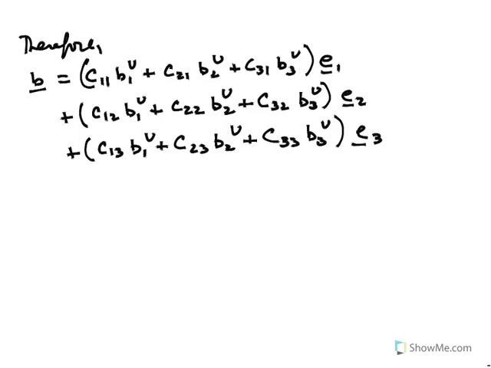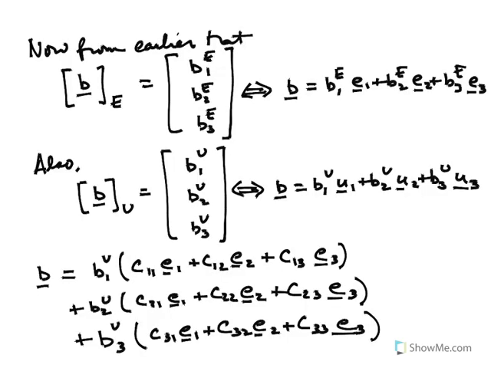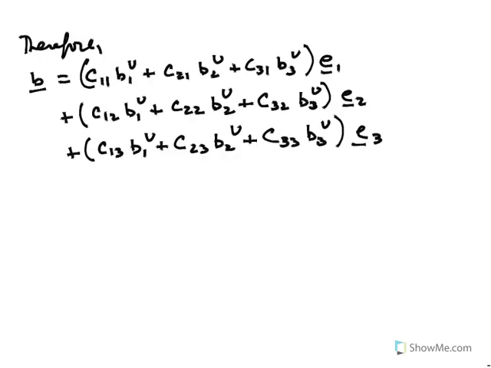Now you can see that what we've done is we've actually expressed, because we've substituted the expressions for u1, u2, u3 into the original vector expression that we had in here. If you look on this page here, you'll see that we have u1, u2, u3, and we substituted in the expression. So now we have everything in terms of e1, e2, e3.